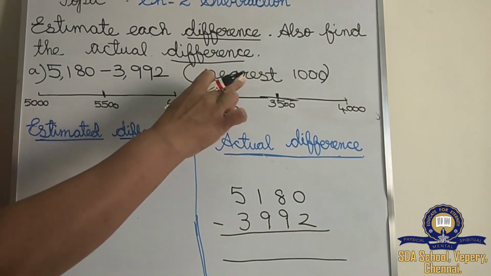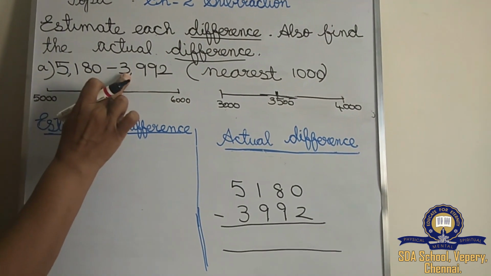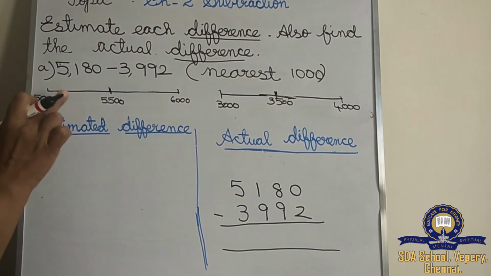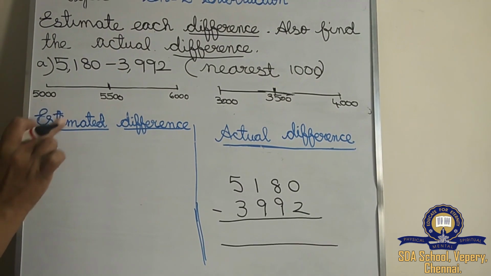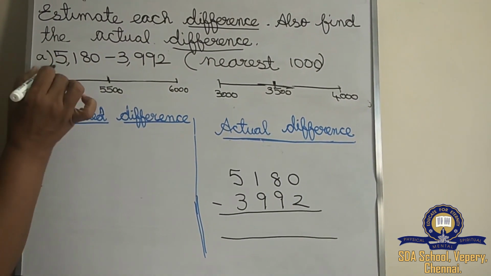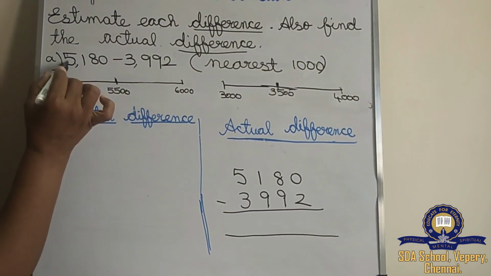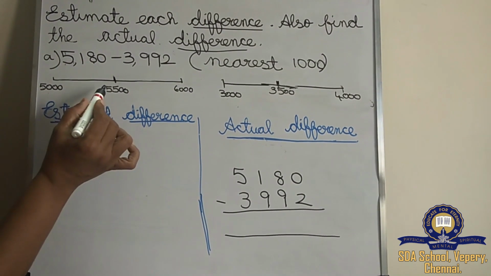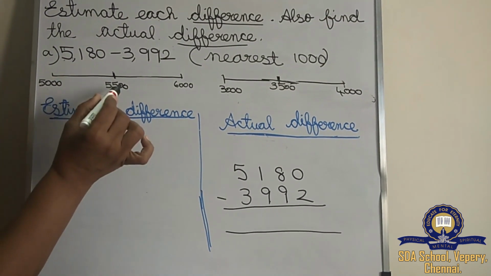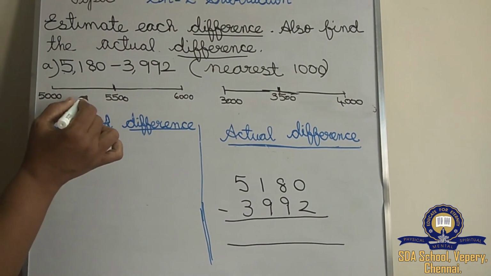Okay, children, now see nearest 1000. 5180 minus 3992. See, how can we find the estimated difference? Here 5000, 6000. After 5000 you have to write. Understood, children? See, is 5180 below 5500 or above 5500, children? It's below 5500.